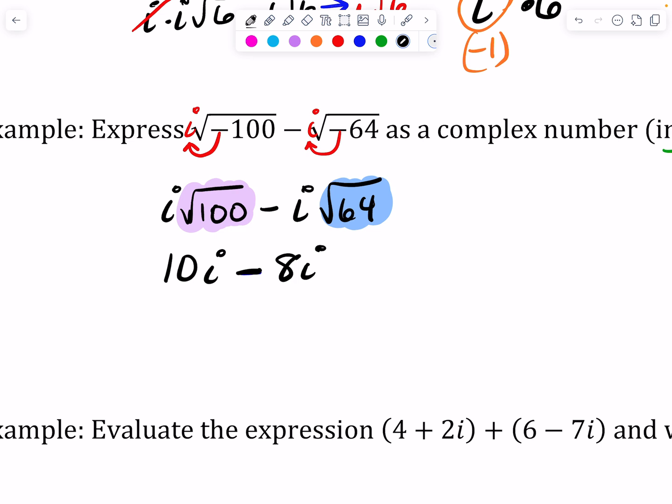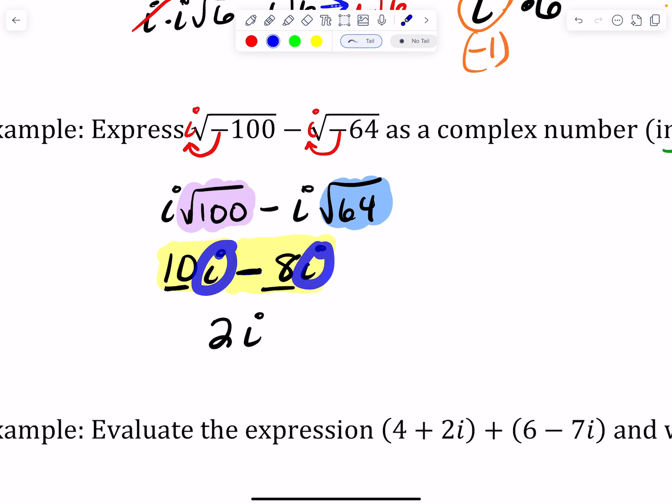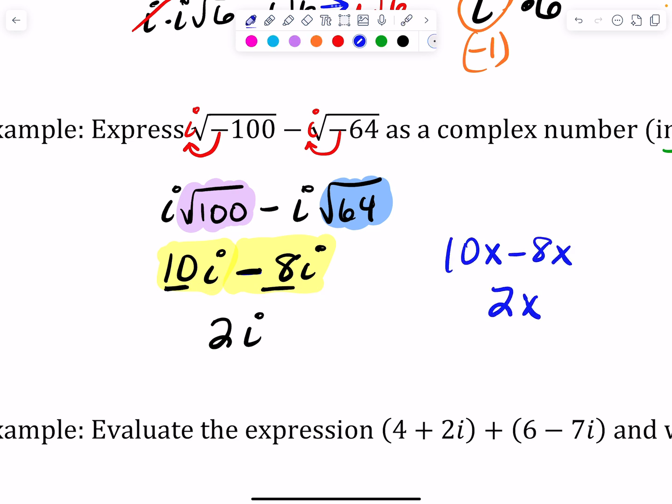And so now we have like terms. Notice we've got i to the first and we've got an i to the first here. So we're going to get 10 minus 8, which is 2i. We are not multiplying these, so we don't change the exponent. These are like terms, just as though it was 10x minus 8x equals 2x.